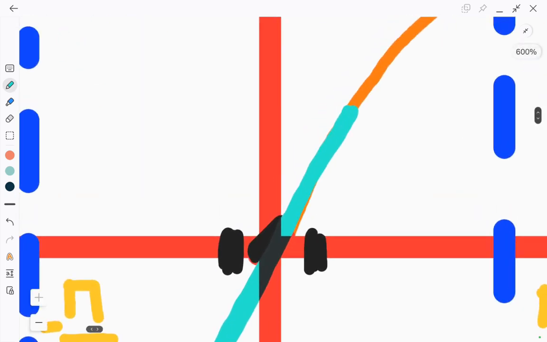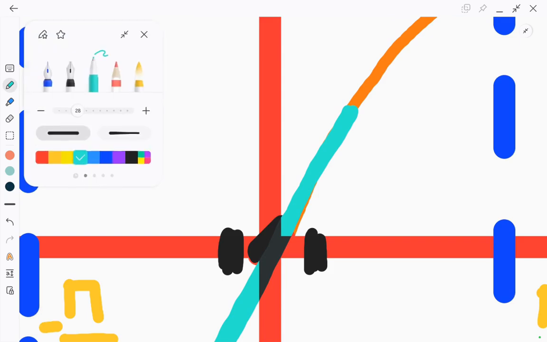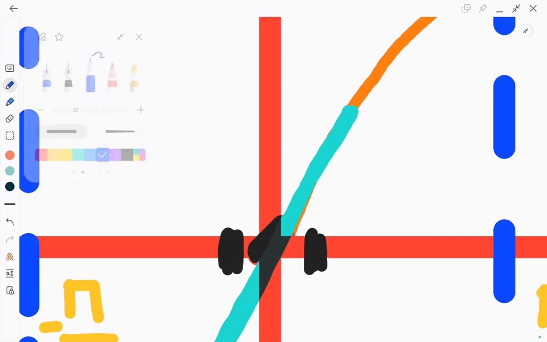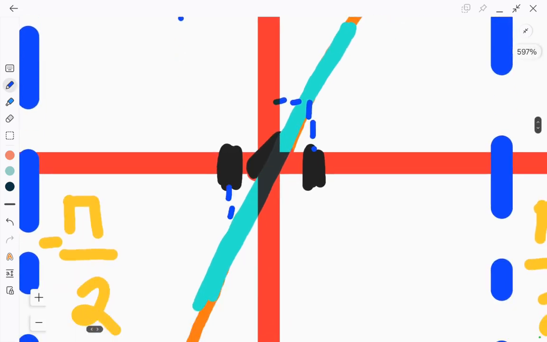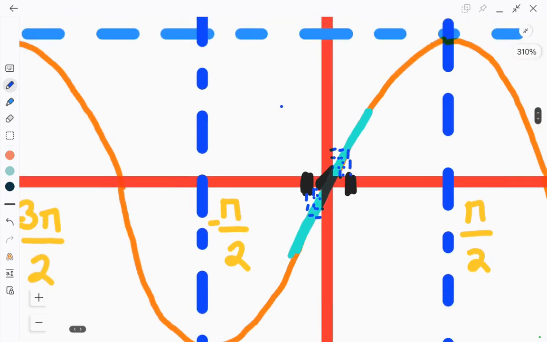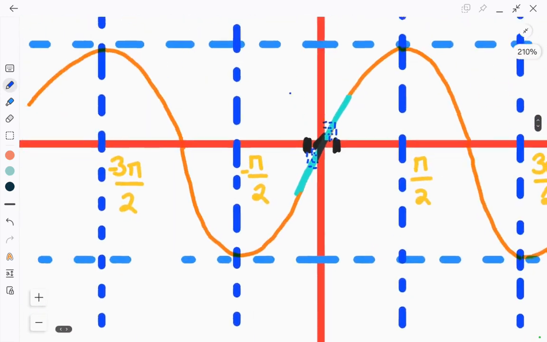So for small angle, if we draw the coordinates here, it will become like this and like this. So for small angle, you can see that we are getting a graph close to y is equal to x for the sine graph.